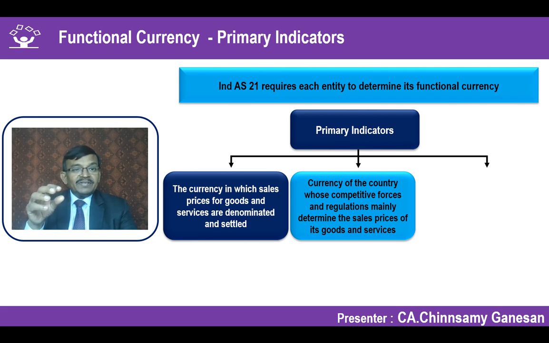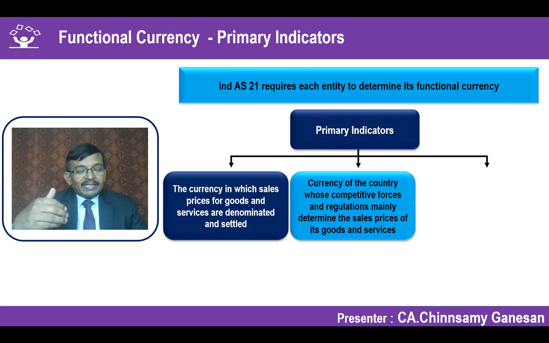The competitive factors or the regulations are mainly determining the selling prices. What is the currency of that particular country? So US dollar is the currency of that country. For example, we have entered into a transaction or agreement with certain Middle East countries where the settlement will also happen in INR. That's a competition or the regulations have been determined in INR.